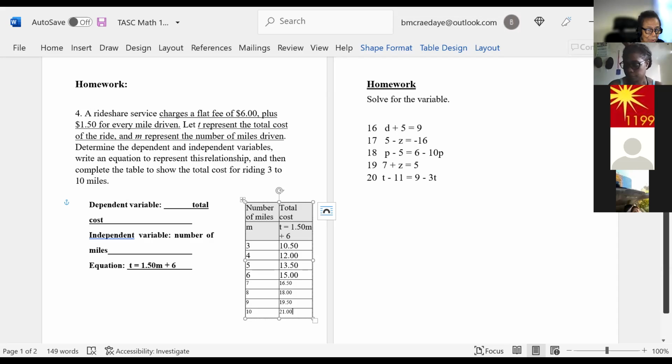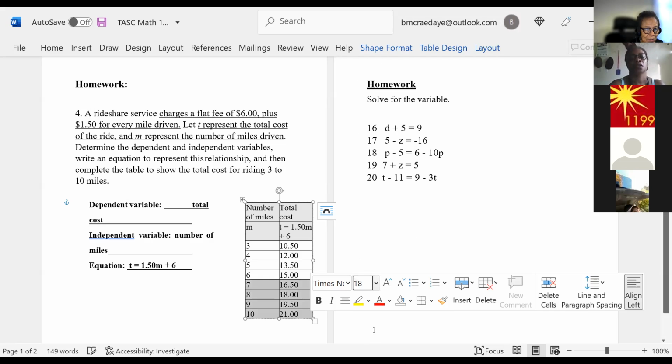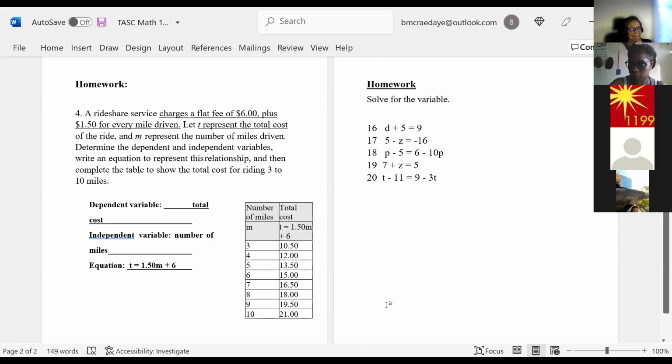Okay, so once you do the first one, then you don't have to do that multiplication. You just add 1.50 to the next one, right? So that's your complete table. Your dependent variable is your total cost. What determines that total cost?